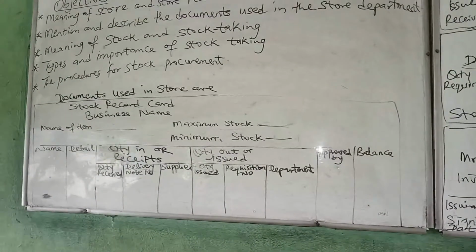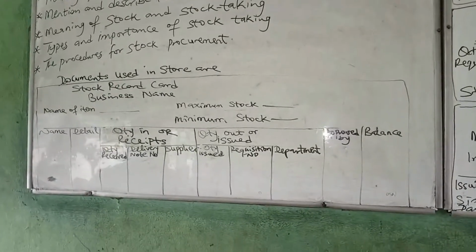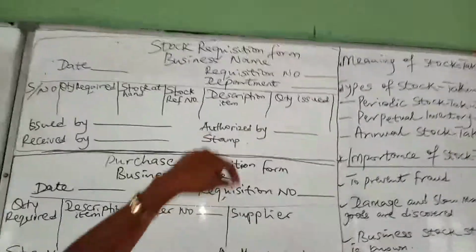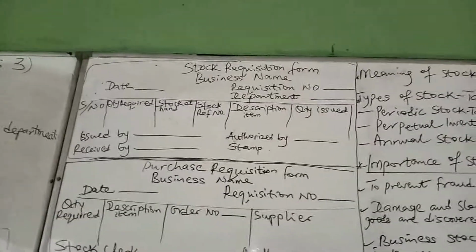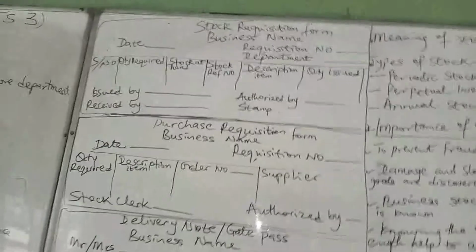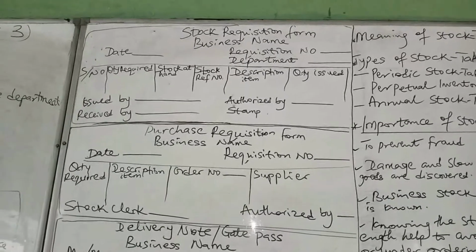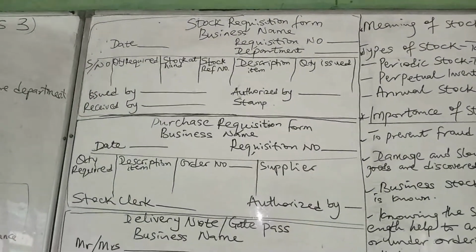So another document we use in the store is stock requisition form. This is a stock record used to demand for goods to be supplied from the organization storeroom.